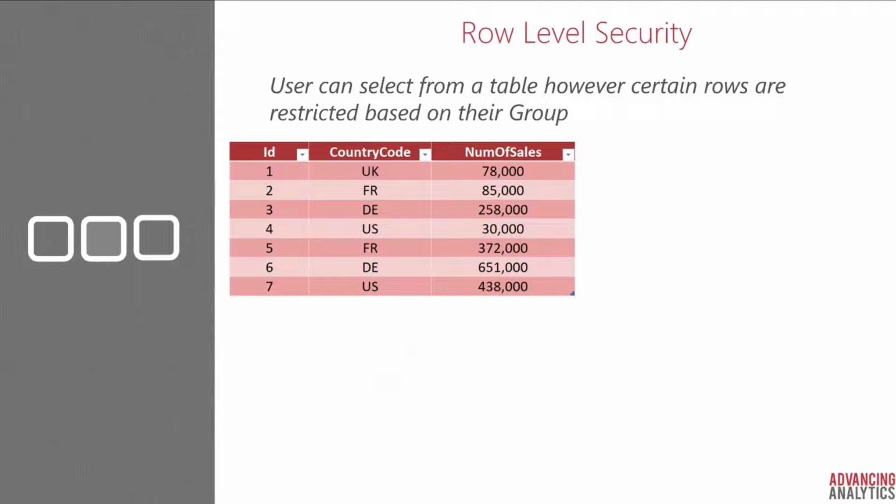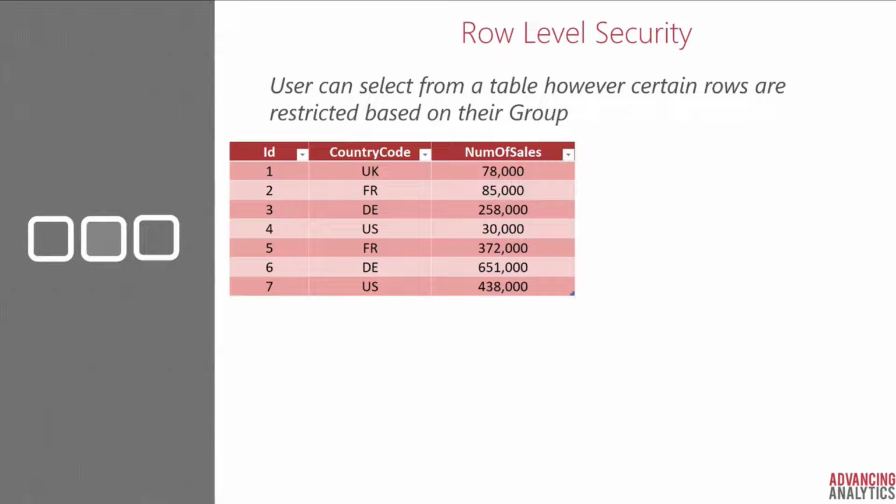So looking at something a bit more fine-grained, let's look at an example of how we can achieve some row-level security through Databricks SQL. In this particular example that I've come up with, the scenario is that we want users to select from a table. However, we want certain rows to be restricted based on the particular group that a user is in.